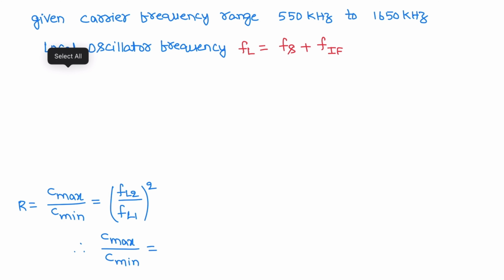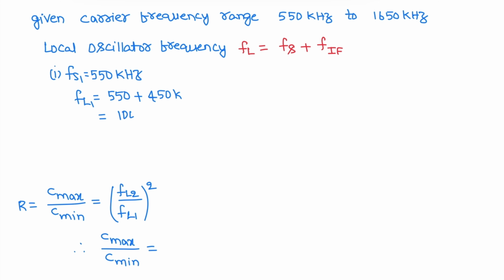First case, if the incoming signal frequency is 550 kHz, then FL1 is 550 plus 450, which is 1000 kilohertz.